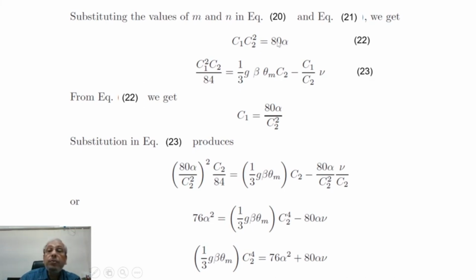From 22 we can easily get C1 equal to 80 alpha by C2 square. Now C1 equal to 80 alpha by C2 square, we substitute in equation 23.